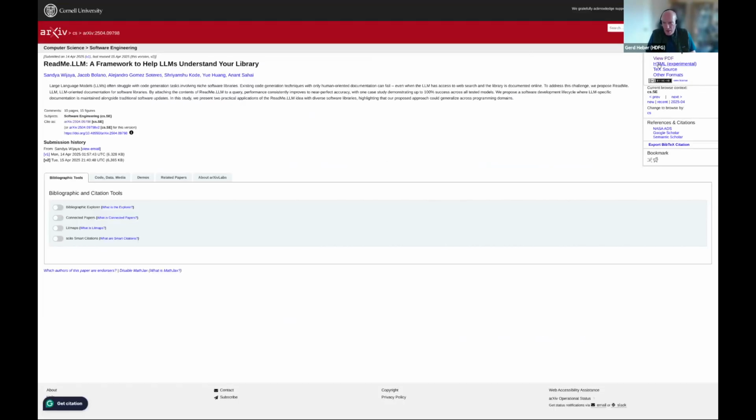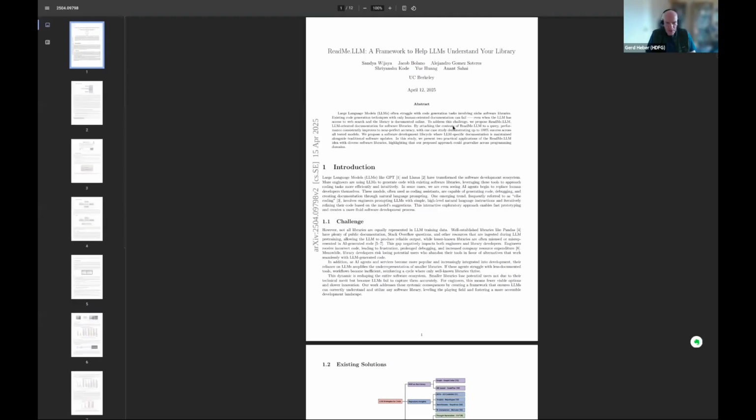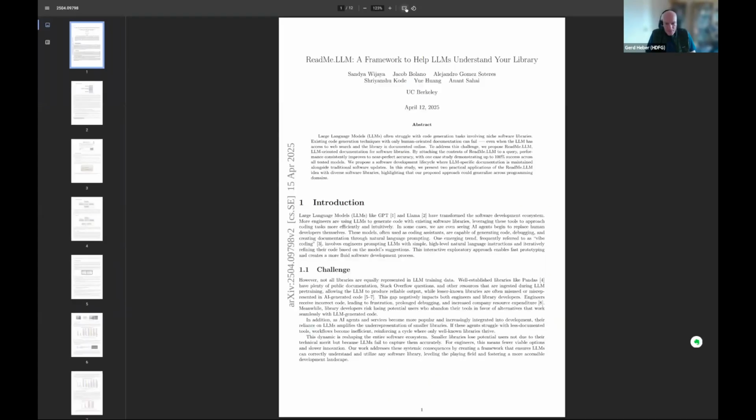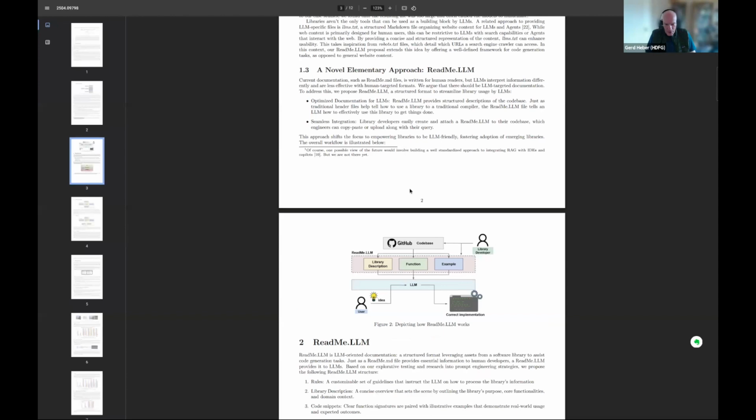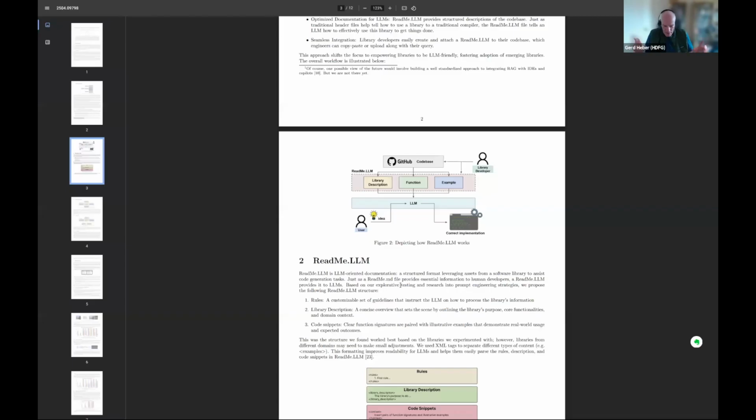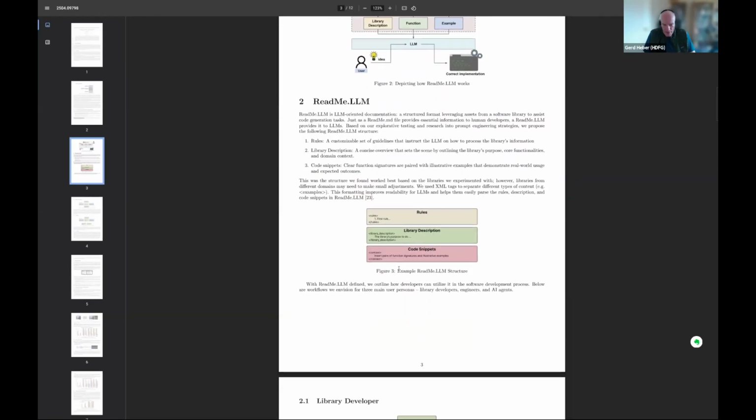So it's here on arXiv, and if I briefly open the PDF, it talks about this concept of a readme.llm rather than a readme.md, and the, in double quotes, intended audience for this readme.llm are LLMs.